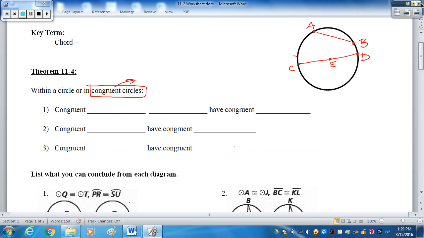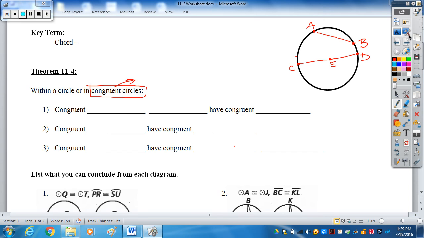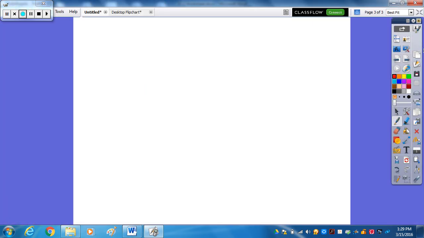As you look off to the side, actually, I'll draw it on this page right here. You may want to go ahead and draw this circle on a piece of white paper, just so you have something to reference. Here's what I want you to see.